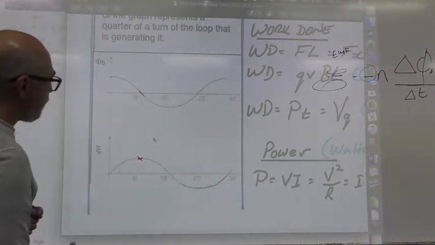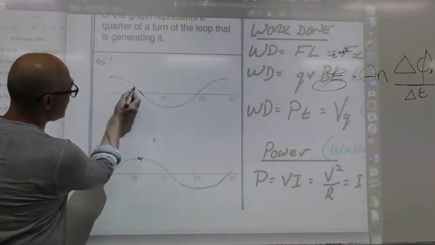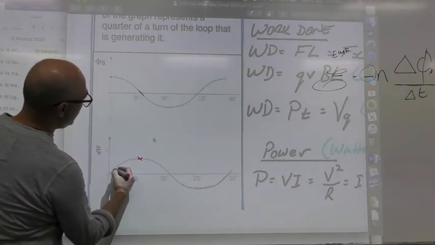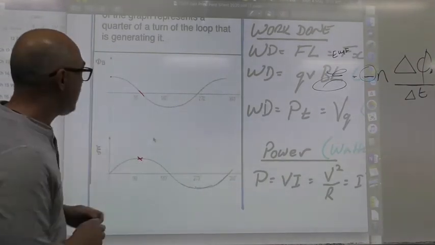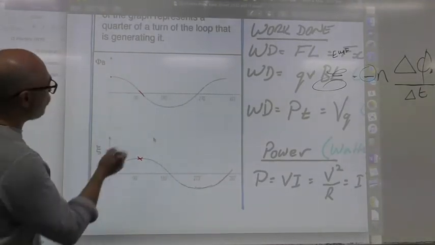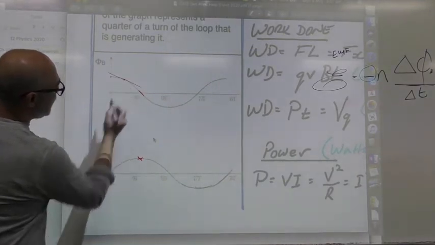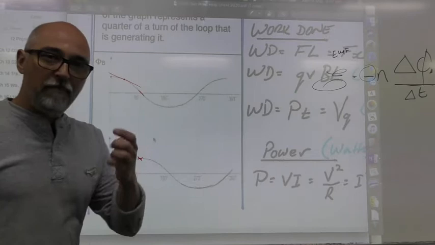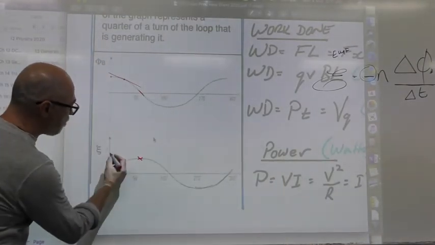Okay, so in the first quarter of the turn, you go full flux, it gives you maximum EMF. Now there's a couple of things to keep in mind when you're looking at this graph, all right? One is, you can see that the gradient of this graph is negative. And by Lenz's law, the pulse of EMF is positive.